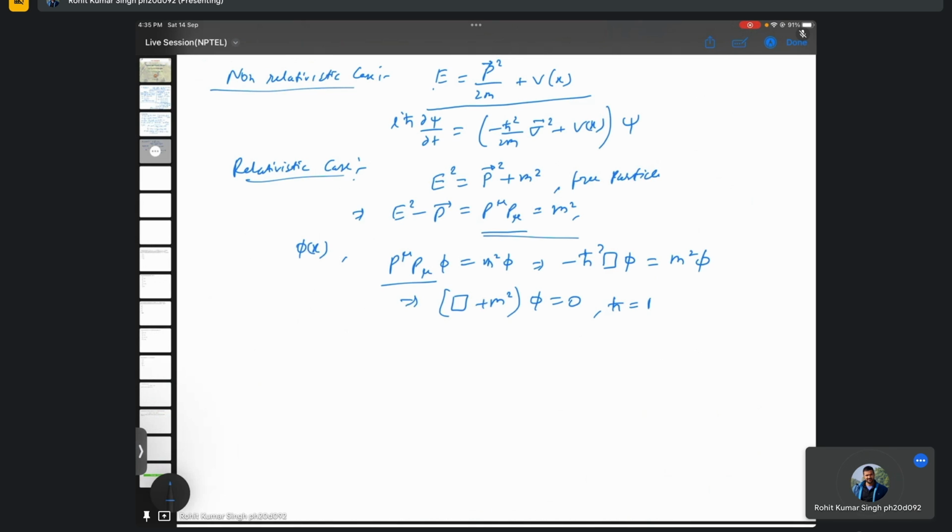This is done for convenience. We can put it back whenever we like, but to keep everything clean, we assume this. Okay, so this equation is what we call the Klein-Gordon equation.